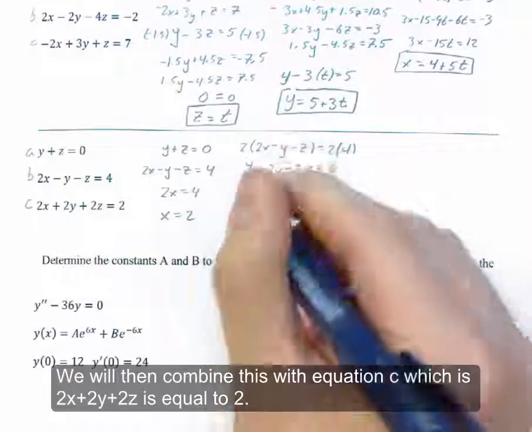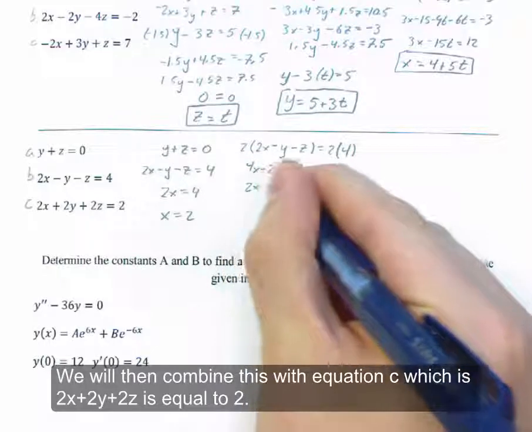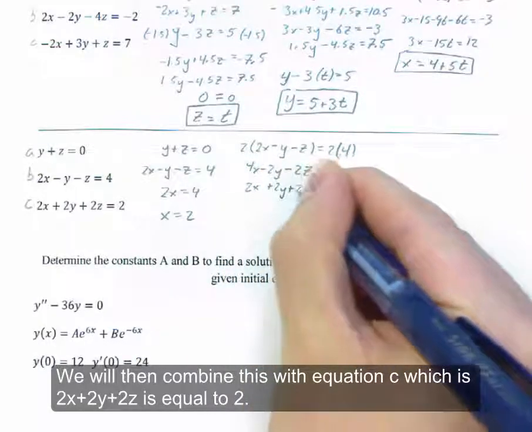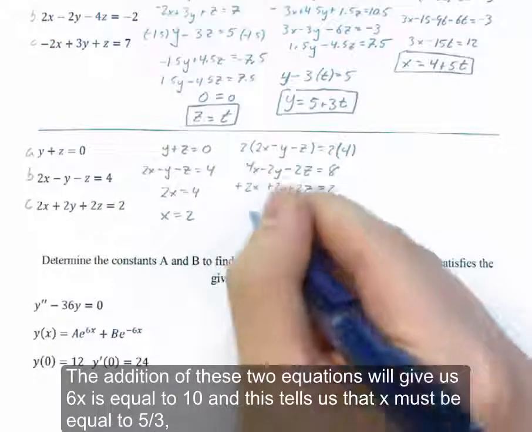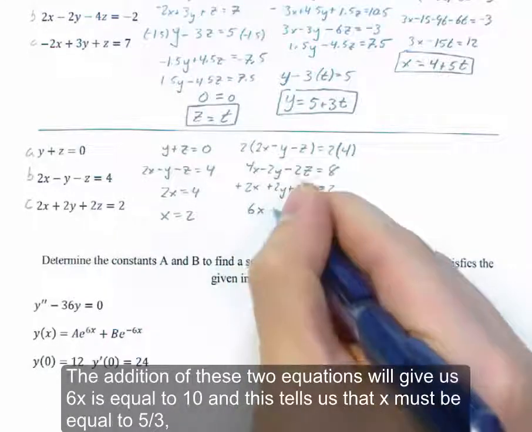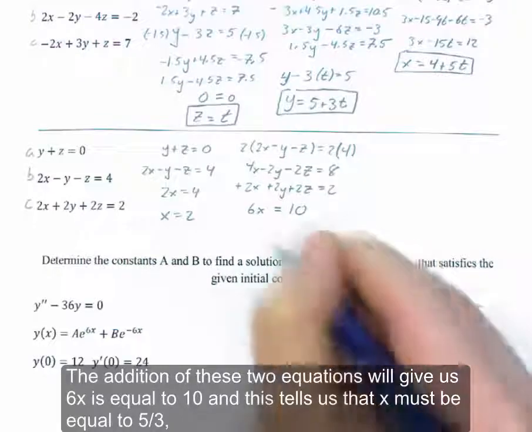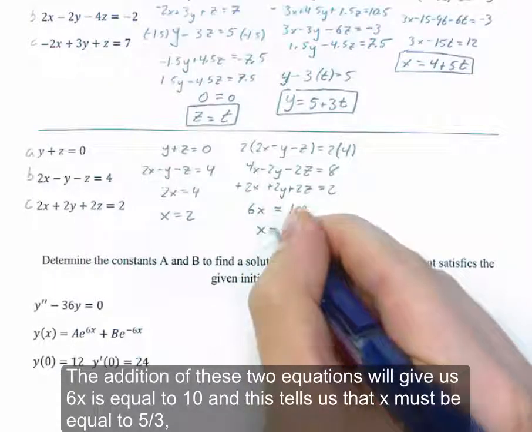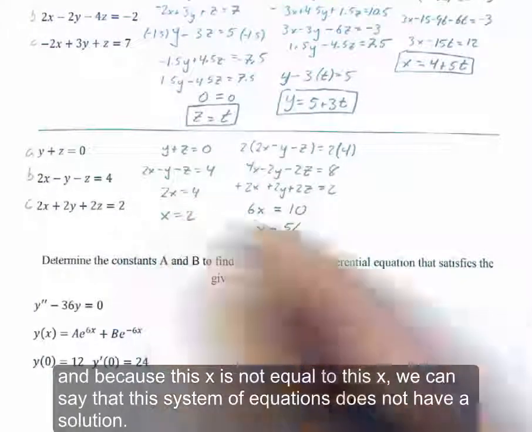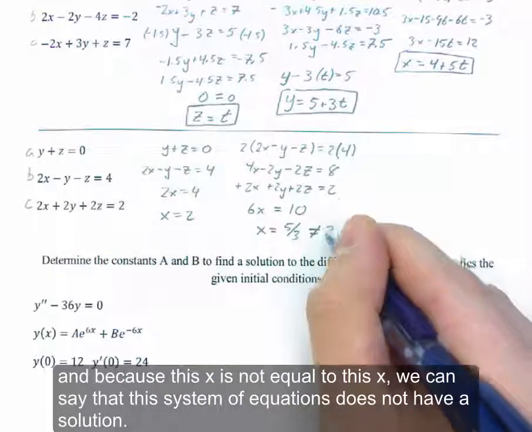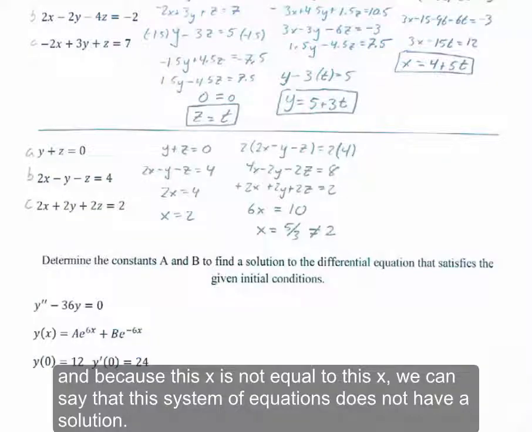We will then combine this with equation C, which is 2x plus 2y plus 2z is equal to 2. The addition of these two equations will give us 6x is equal to 10. And this tells us that x must be equal to 5/3. And because this x is not equal to this x, we can say that this system of equations does not have a solution.